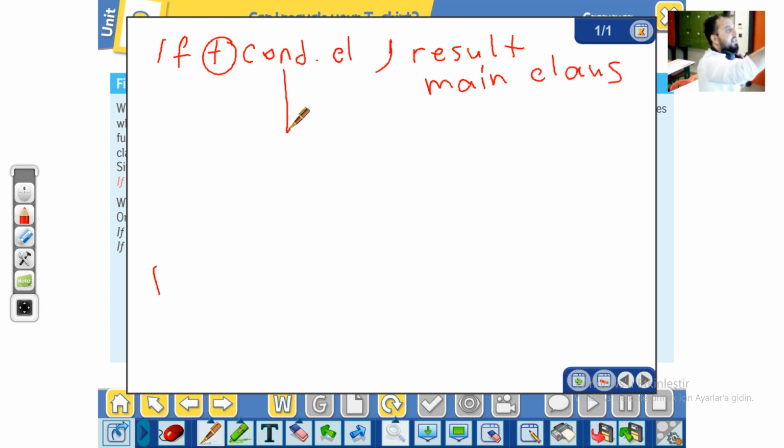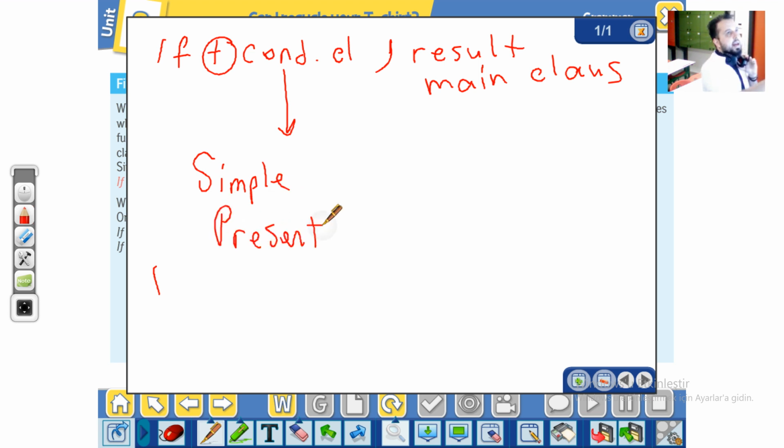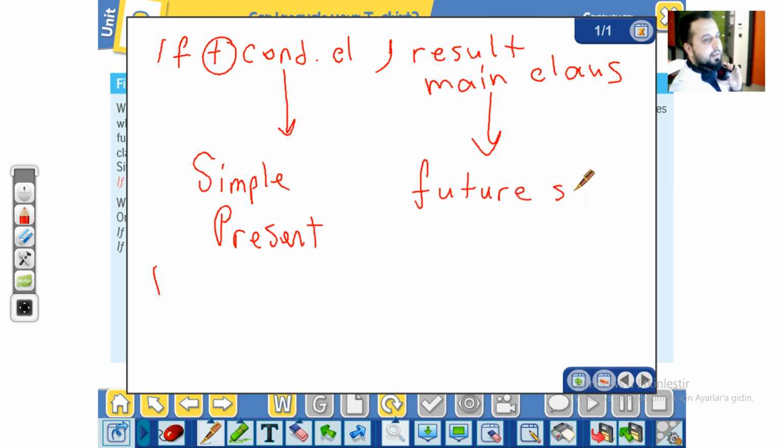Please remember, in the conditional clause, we are going to use simple present tense. And in the result or main clause, we are going to use future simple. That means we are going to use will in the second part. As we said before, we can change their places.